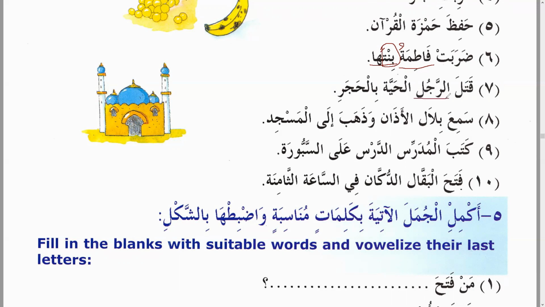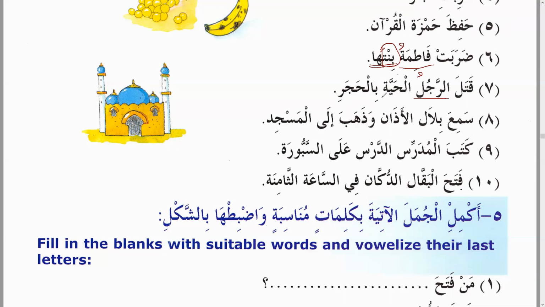Khatala rajulu, fa'il. And al-hayyata is the maf'ulun bihi. Al-hayya means the snake.